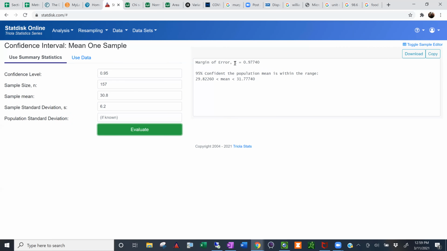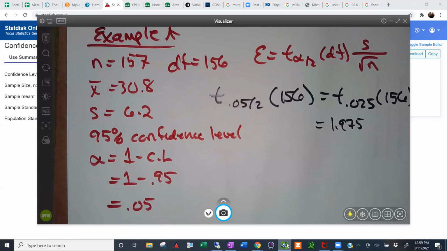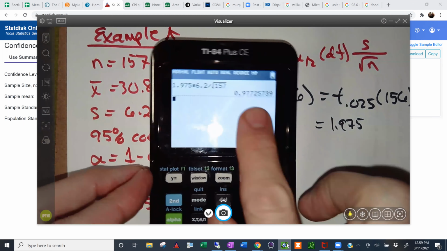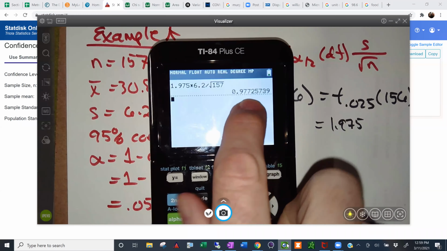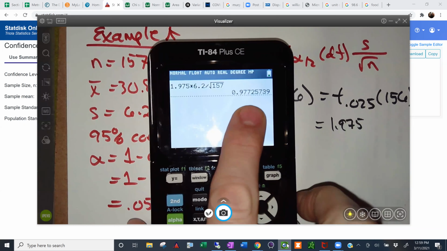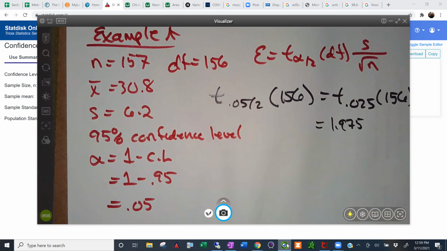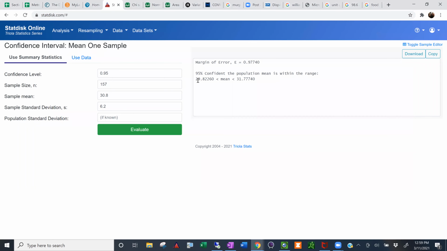Well, one thing is kind of cool. We nailed it with our error term, right? Our error term was 0.977. Nailed it. So you should be able to take x bar plus E and x bar minus E and get exactly what they've got right here, which is your confidence interval.